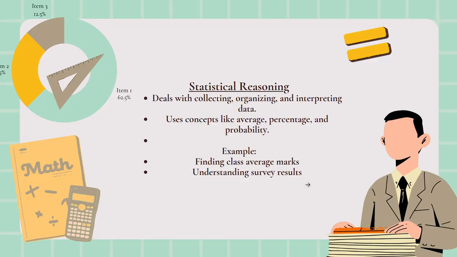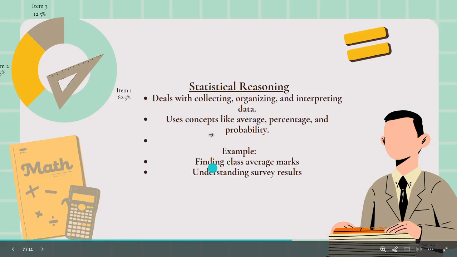In research we'll be taking surveys with the Likert scale or rating scale and all. It might be positive, it might be negative, as well as it might be neutral. So we'll be calculating what kind of result we have got from that. Okay, so that's about statistical reasoning.